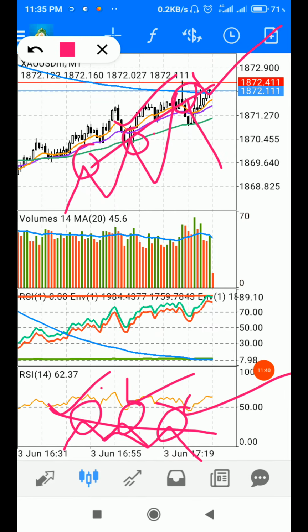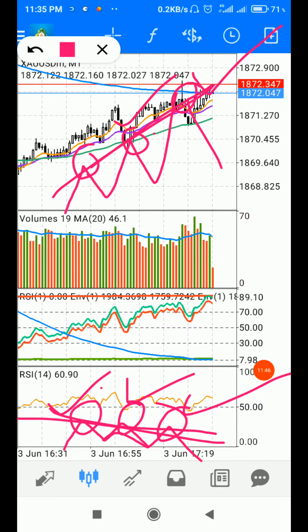So whenever you see this slope is against this slope, I mean two different slopes, whenever you see two different slopes, that is the divergence.